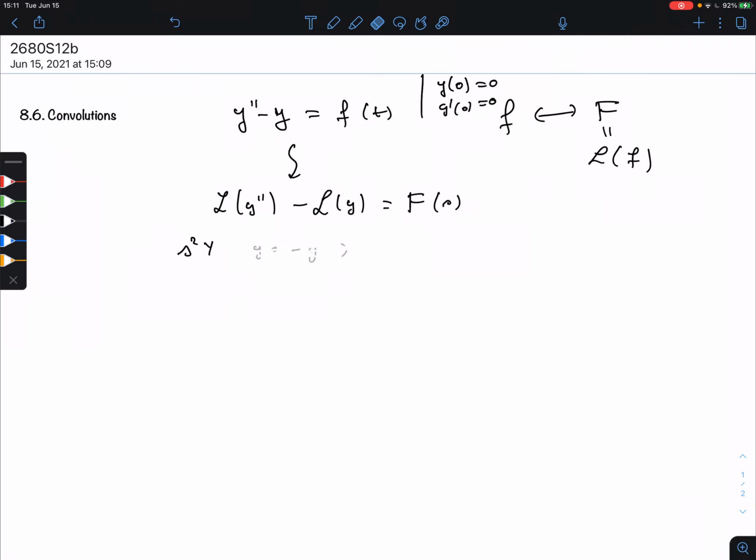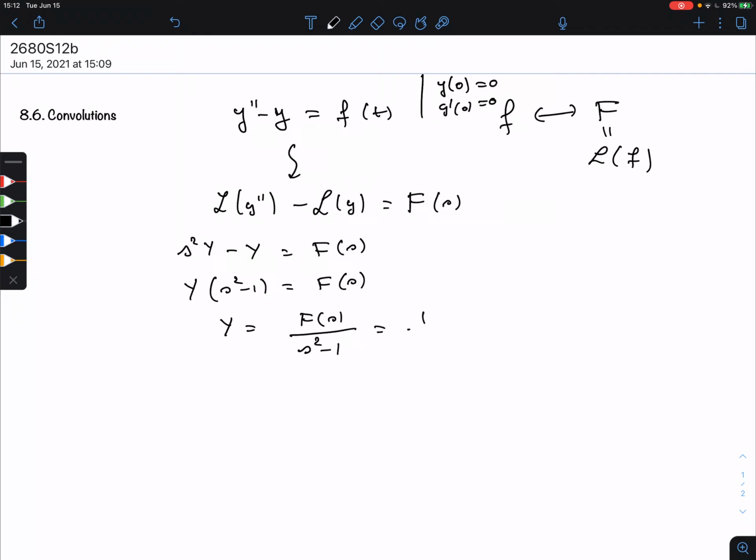This is just an example to motivate. And then we get minus Y equals capital F(s). So we solve for Y: Y is F(s) divided by s squared minus 1.